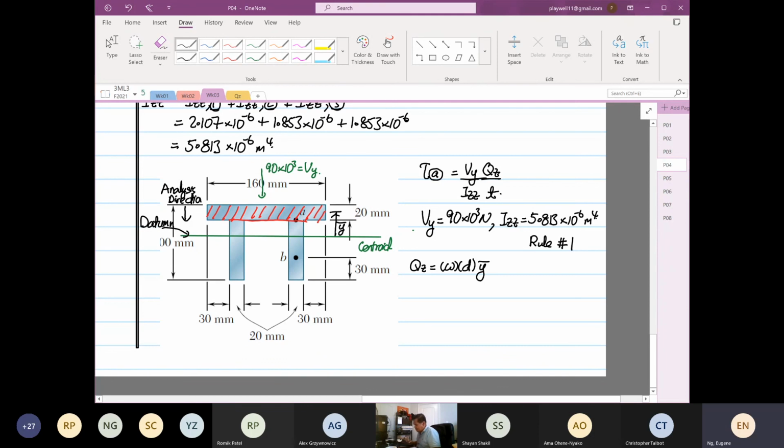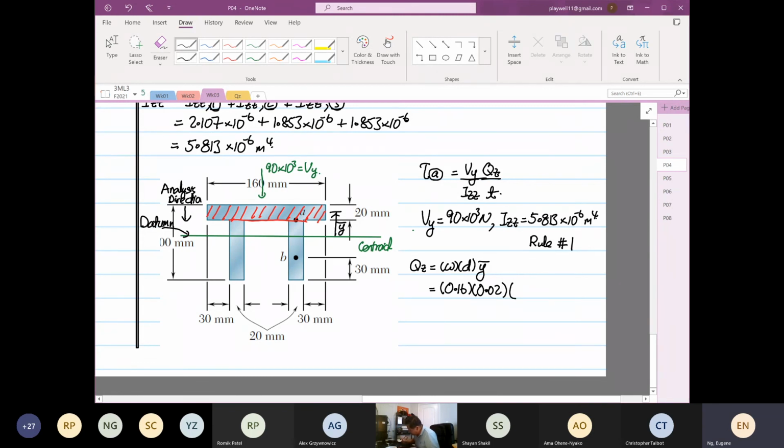Your width is equal to 0.16, your depth is 0.02. Let me write it this way, that is less confusing. So 0.16 multiplied by 0.02, and then your y bar.